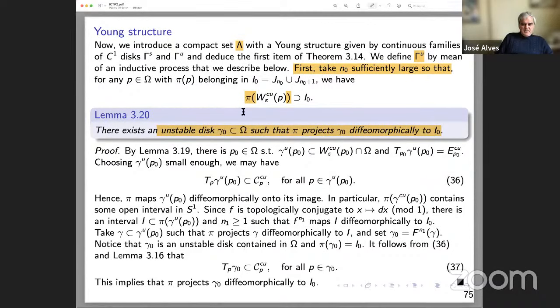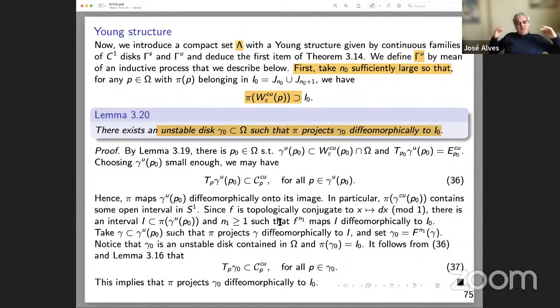in the base dynamics, this disk contains a center unstable disk, and then it projects down to this interval here. This interval here necessarily expands in the base dynamics because the base dynamics is strongly expanding. So at a certain moment, it becomes everything.